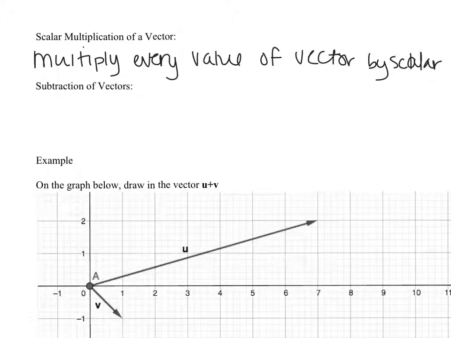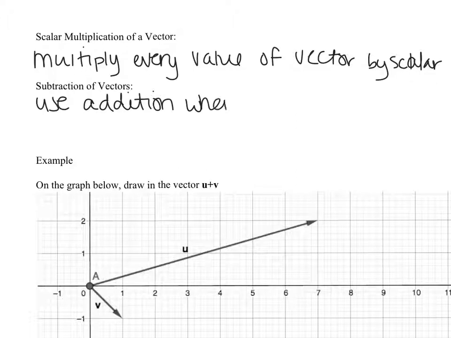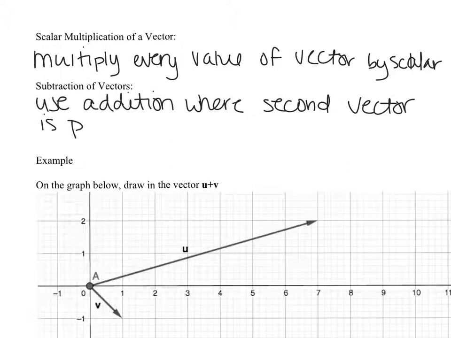subtracting two vectors. So when we are subtracting vectors, what we're actually going to do is use addition, where the second vector is pointing in the opposite direction.